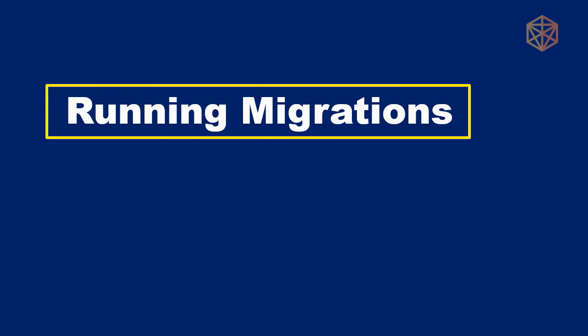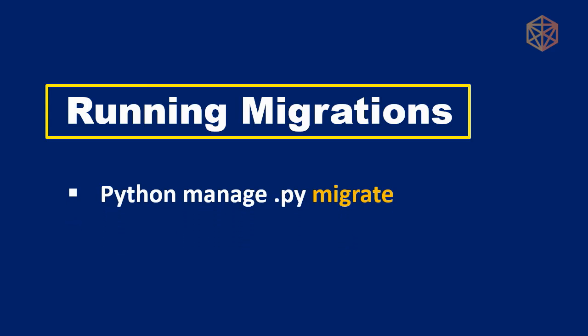There are two important commands that can be used with migration. The first command is the migrate command. When you run the migrate command, this will apply the migrations to your database. This is a command that will actually create the database table.